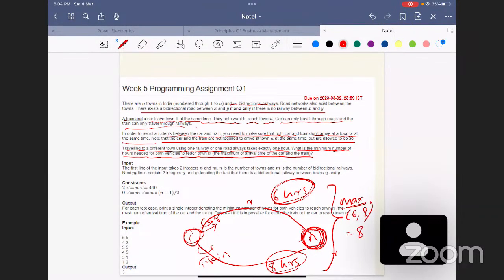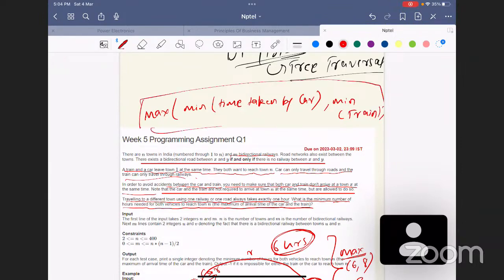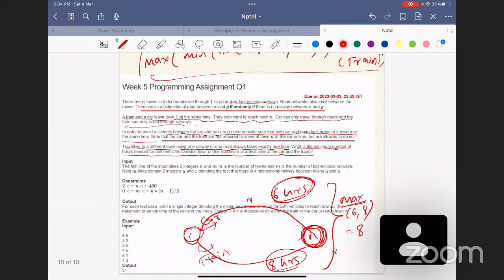So what the question is asking is, we have to print the maximum of the minimum time taken by the car and the minimum time taken by the train. I think you have understood the problem statement. It is quite simple.